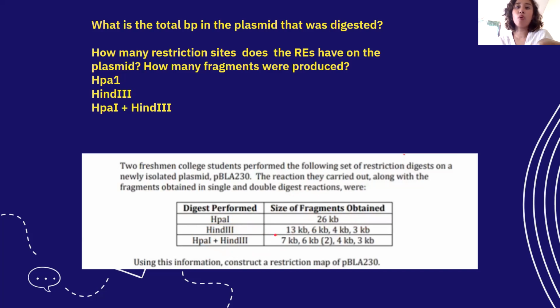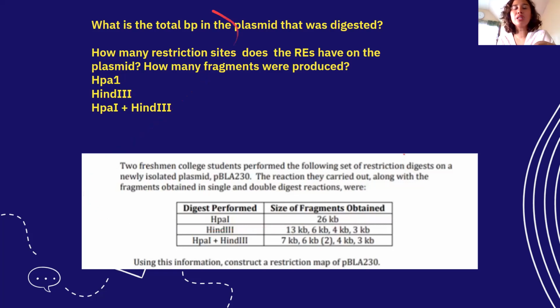It produced 4 fragments. And when they combined HpaI and HindIII, a double digest: 1, 2, 3, 4, 5. It produced 5 fragments, okay? So the question is, what is the total base pair in the plasmid that was digested?